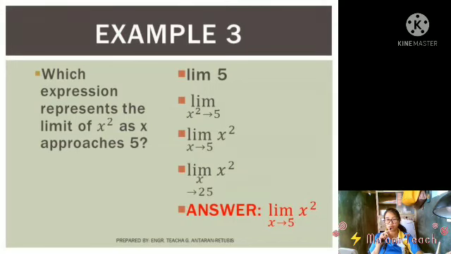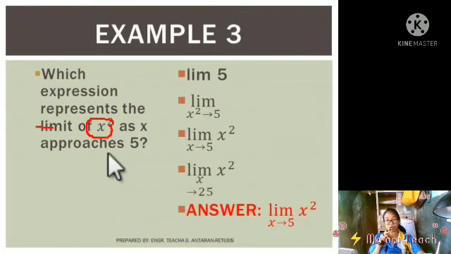What we are trying to do here is write the limit of x squared as x approaches 5. In this case, class, what is our function? Is it 5, x squared, or x? Obviously, our function here is x squared. So we are trying to get the limit of x squared as x approaches 5.